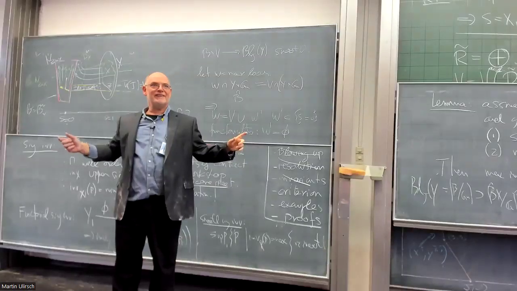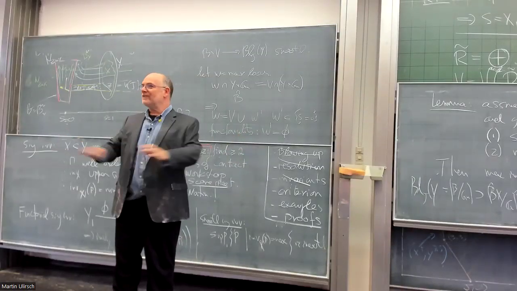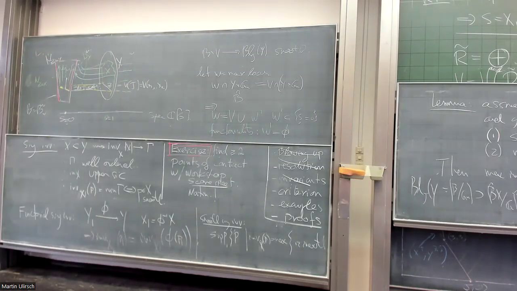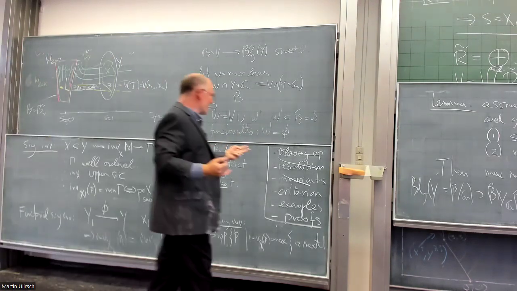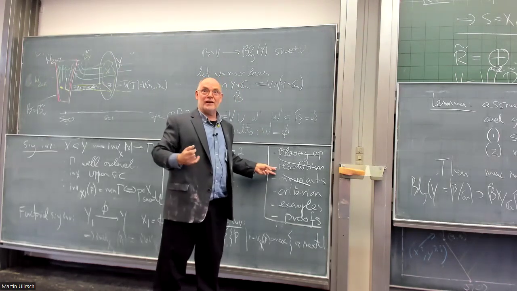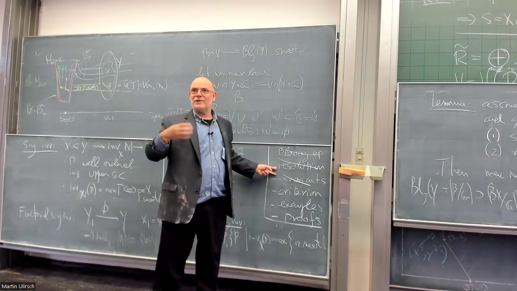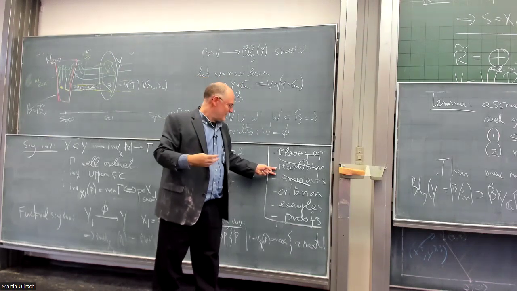Shall I repeat that? If this is all I've done today, I've done more than I wanted. I was happy that I showed you how to blow up. I was happy that I told you that resolution can include stacks, which come from moduli spaces.